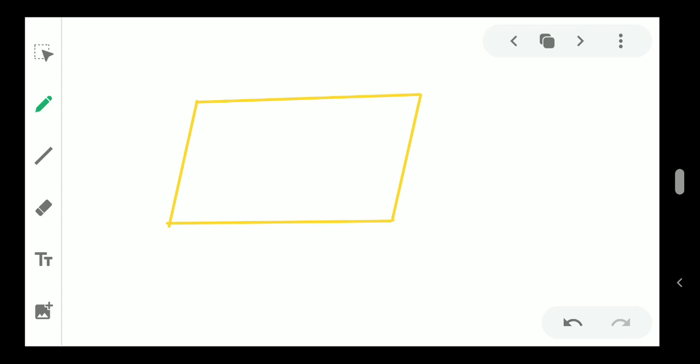Now what I can do here is draw a line in such a way that it divides the parallelogram into two equal portions.